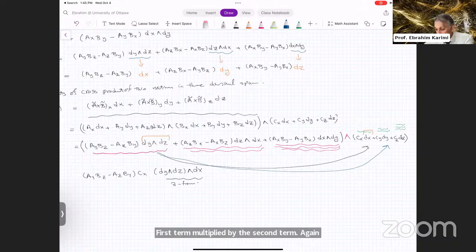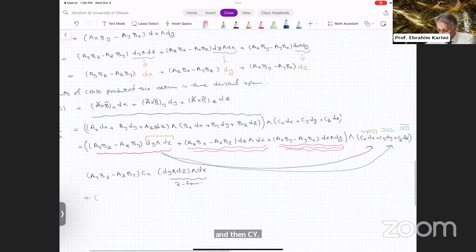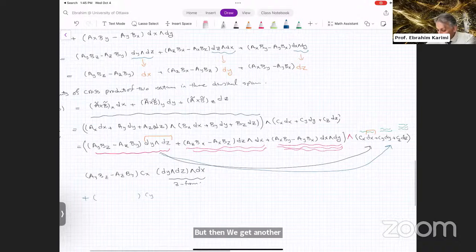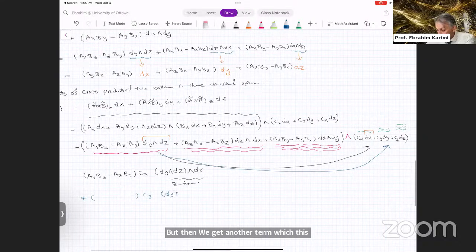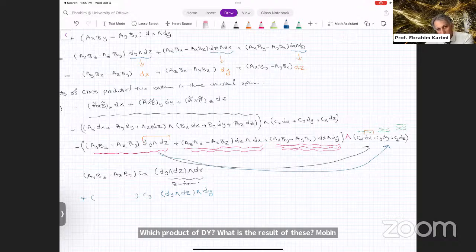Again, we get the zero forms, which is AyBz minus AzBy, and then CY. But then we get another term, which is dy wedge dz wedge dy. What is the result of this? Mobin says 0, Isa says that is 0. Do you agree, guys?